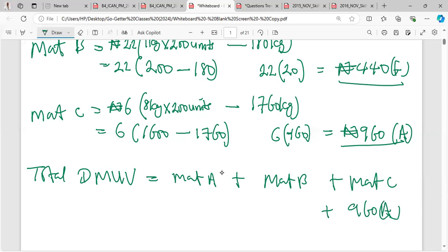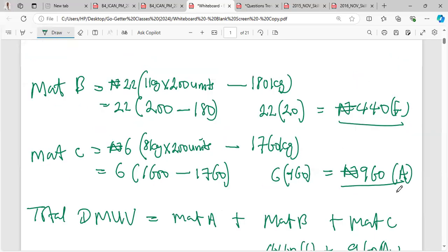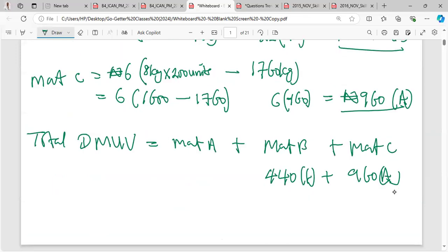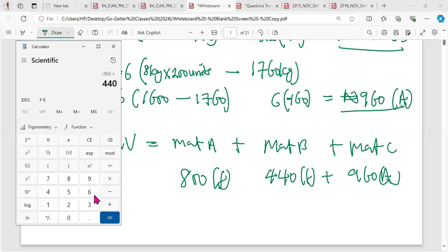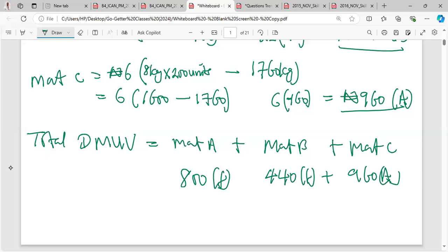This is 440 favorable, and this is 800 favorable. So we already have 960 in our calculator. So let's add 440 and let's add 800. That gives us 280 favorable. So this is the total usage variance for this product.